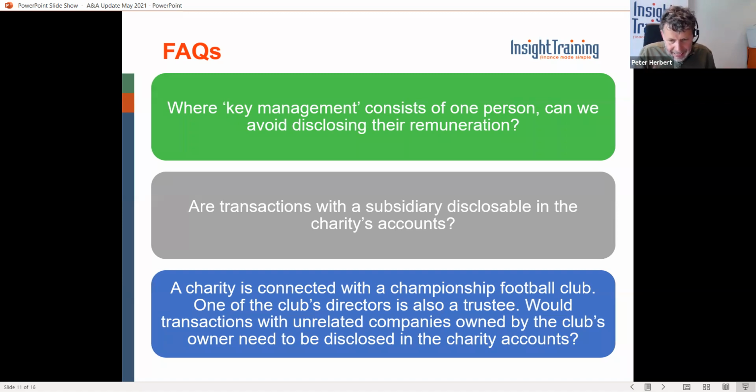Now, again, the key thing to hang on to here in terms of a component of that entity related party definition, it refers to entities in which a person identified in A, B, C or above, and that would include trustees, has significant influence. And if you're a director of a company, I would say you've got significant influence.